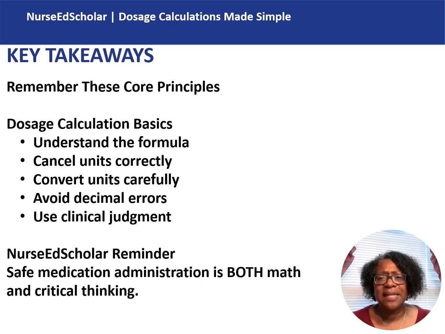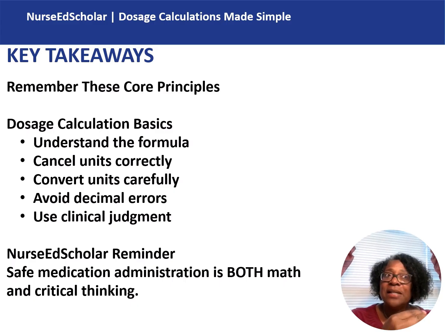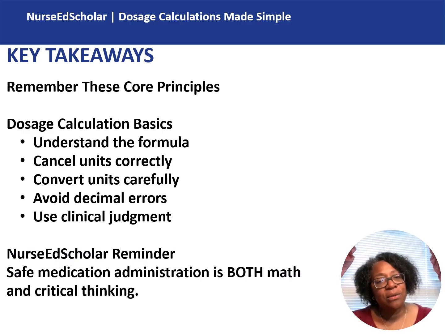So to recap in today's video, I covered basic dosage formulas, a little dimensional analysis, some unit conversions. We talked about some mistakes. We talked about some safety, and we talked about critically thinking before medication administration, because like we said, safe medication administration is both a math skill and a critical thinking skill, which ends up being a safety skill.